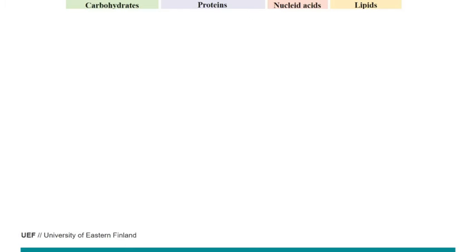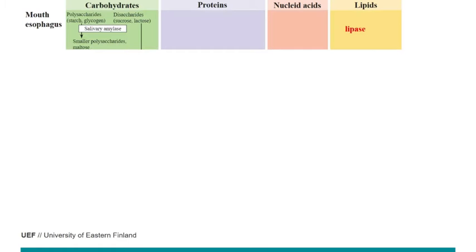So in general, what happens with different nutrients? We have carbohydrates, meaning sugars, we have proteins, nucleic acids and lipids. And this is something that you should already know. In the mouth, we start cutting the carbohydrates.